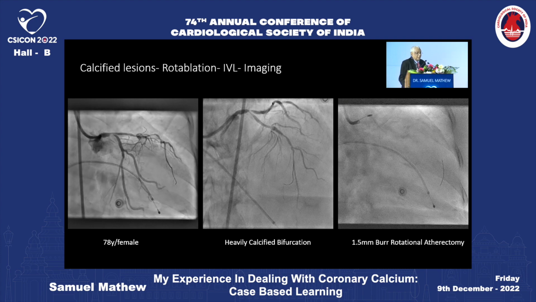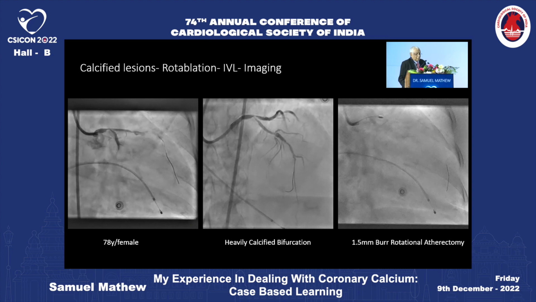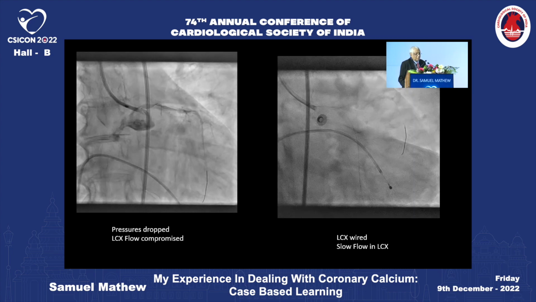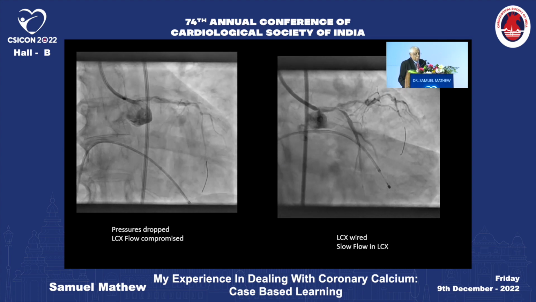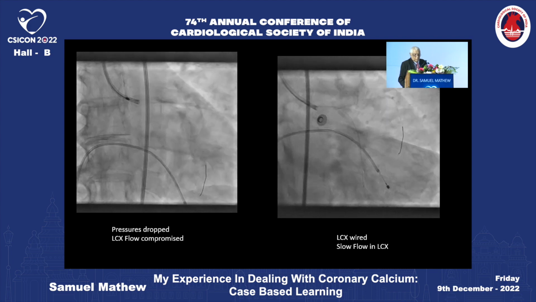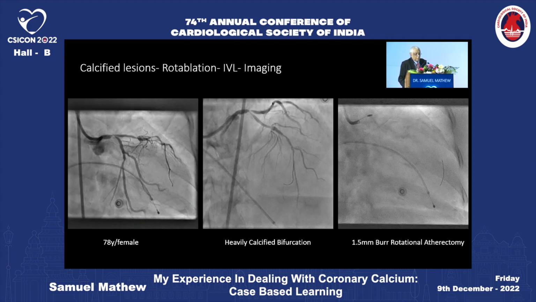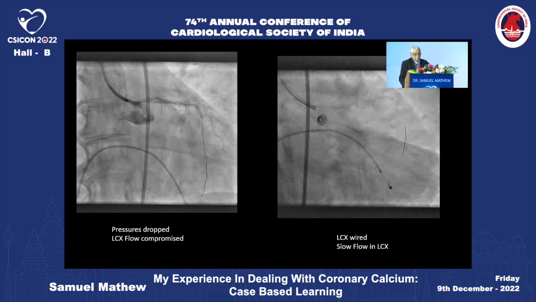This is another patient who had a very densely calcific bifurcation of the LAD and circumflex. And what we did is we used, you can see in the last frame, a rotablator in that particular case.